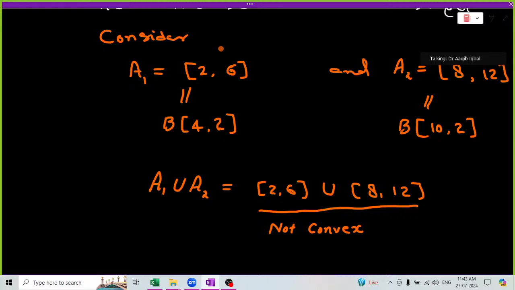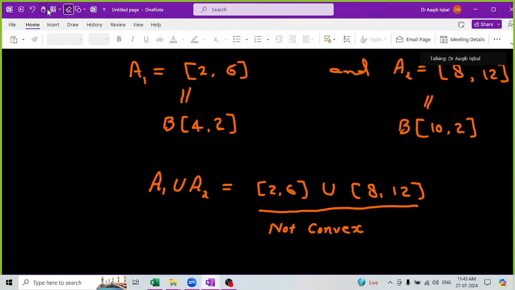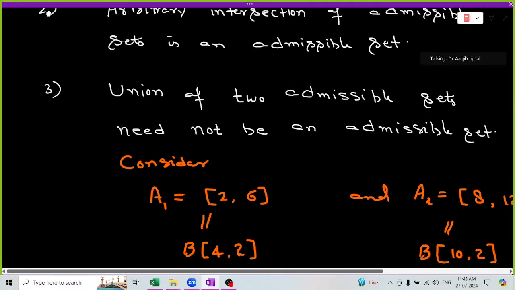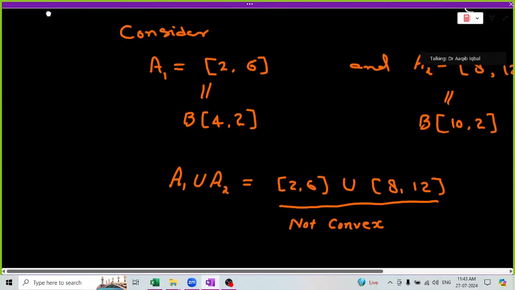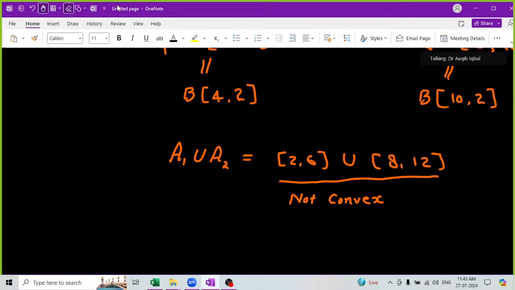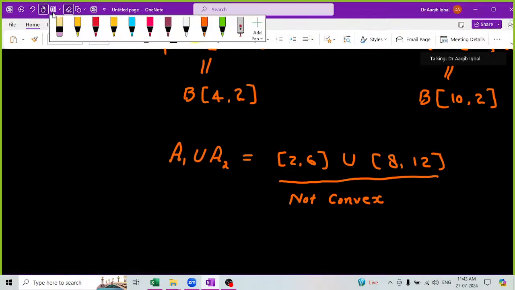Now that this set is not convex, so it cannot be admissible. So this is an example of two admissible sets whose union is not admissible. Not convex and therefore not admissible also. बाकी सेटिंग्स में ये ज़रूरी नहीं है.